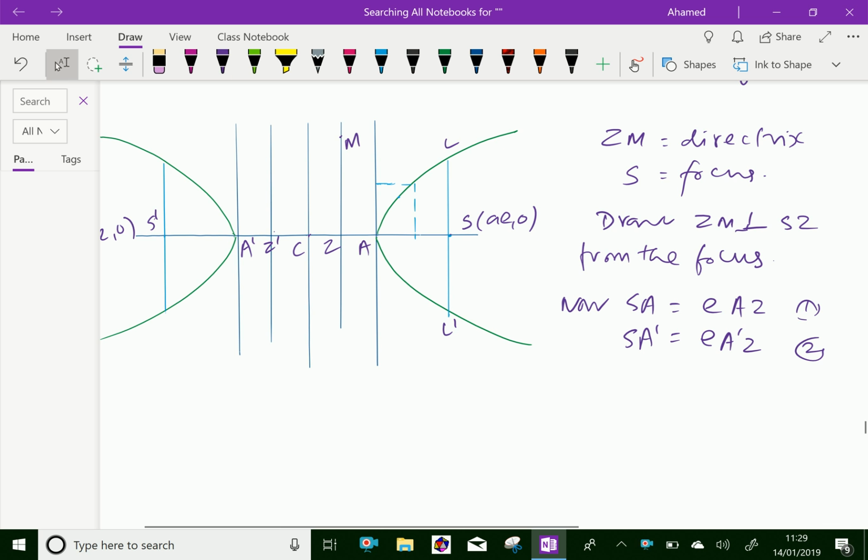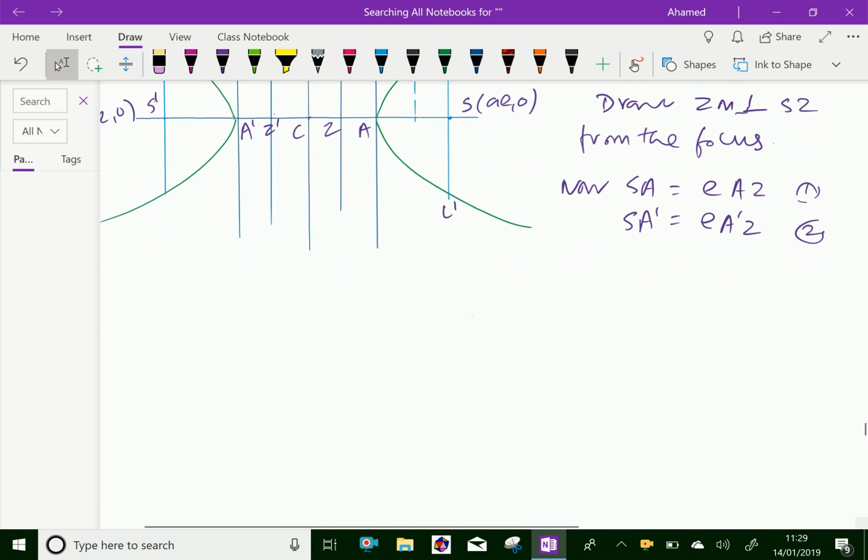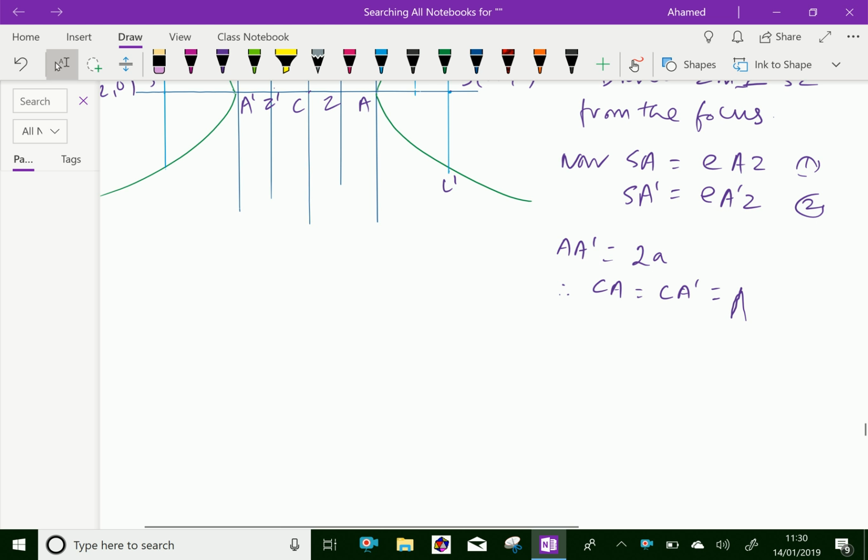Now therefore A dash A is the major axis, and therefore we can say CA is half of 2a, that is CA equals CA dash equals a.